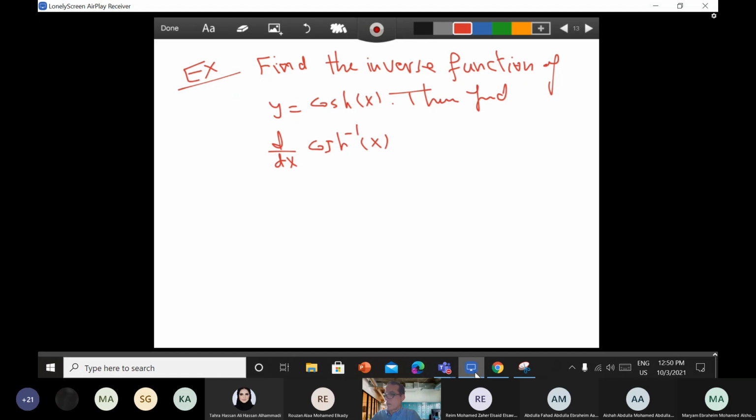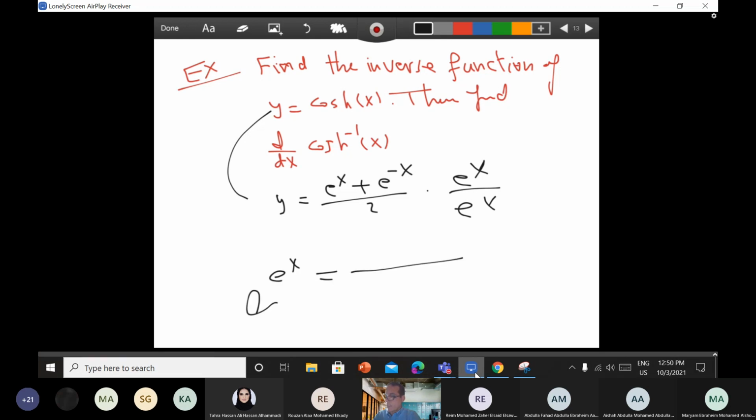You can do the same thing. You write y as e to the x plus e to the minus x over 2, multiplied by e to the x, and then you solve this one for x, you take the ln, you will have by the end x equal to the algebraic expression, then you go for d by dx for the derivative. I will leave it for you, right?